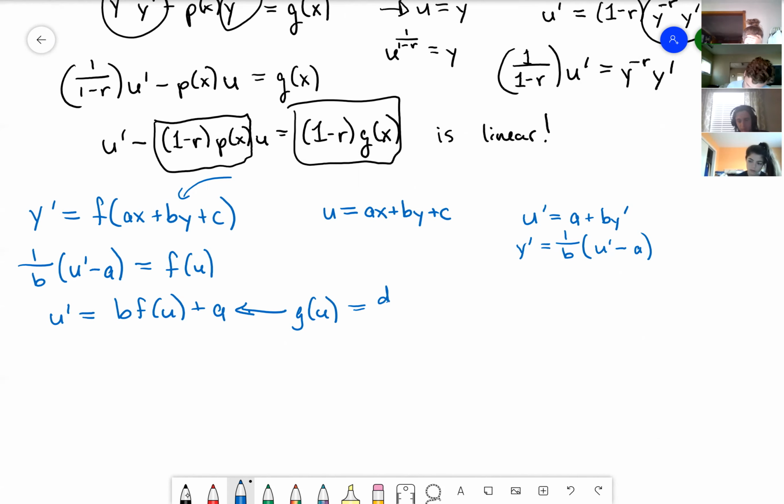And so, of course, we do just the same thing that we normally do. We can rewrite like this, and we get the integral of dx is equal to the integral of du over g of u, which I'll just write out as b f of u plus a.